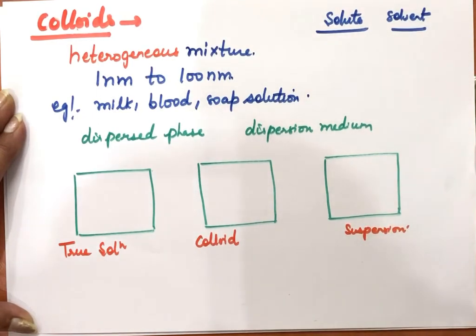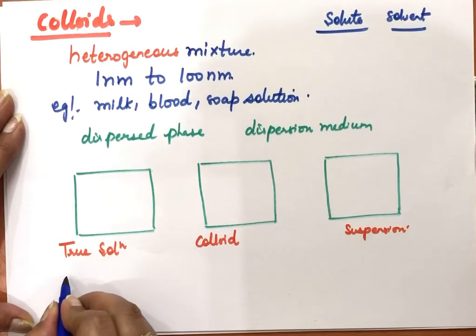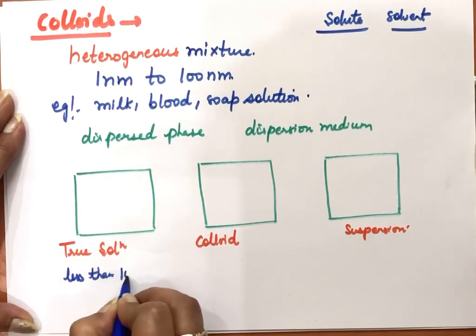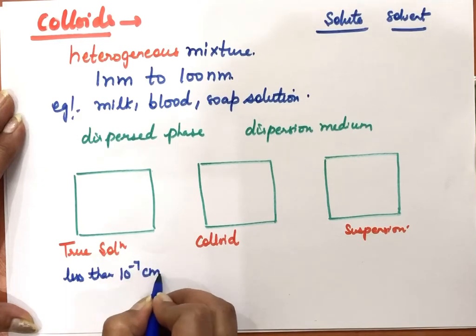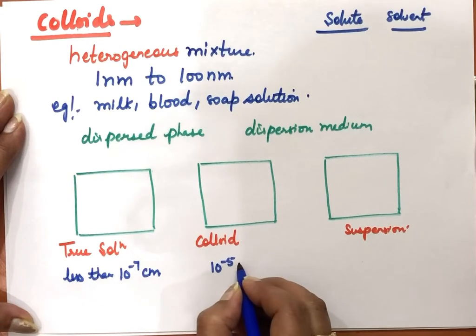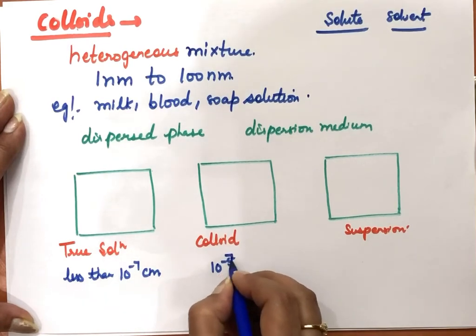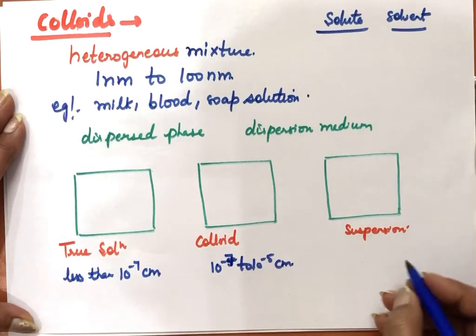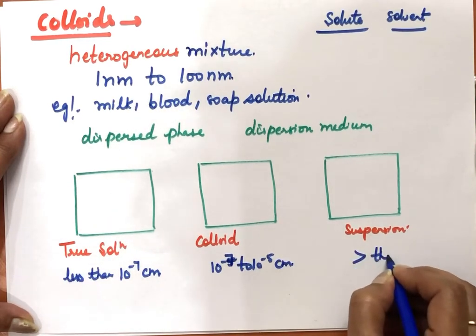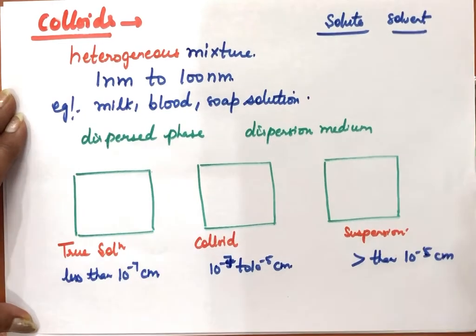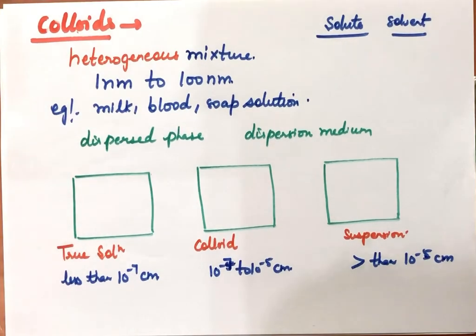Particle size in the case of true solution is less than 10 raised to power minus 7 centimeter, or less than 1 nanometer. For colloids it is 10 raised to power minus 7 to 10 raised to power minus 5 centimeter. And here the size is greater than 10 raised to power minus 5 centimeter. This is the size of the particles in the case of true solution, colloid and suspension.